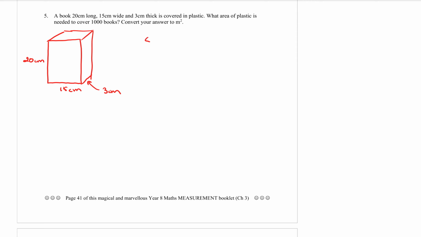So if we do the surface area of one book, now we have a formula for the surface area of a rectangular prism. So it's LB plus LH plus BH. Subbing in will be 2 lots of 20 times 15 plus 20 times 3 plus 15 times 3.